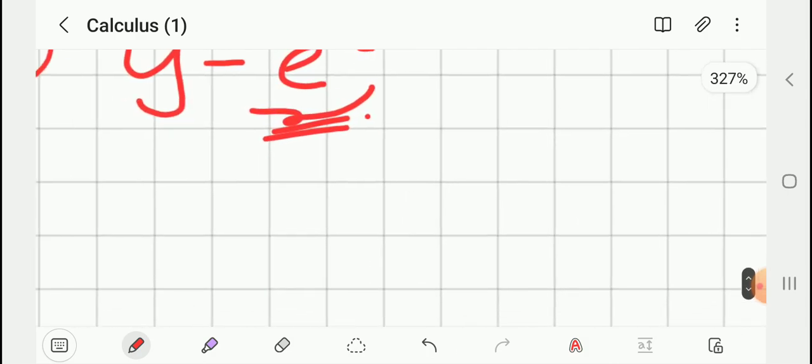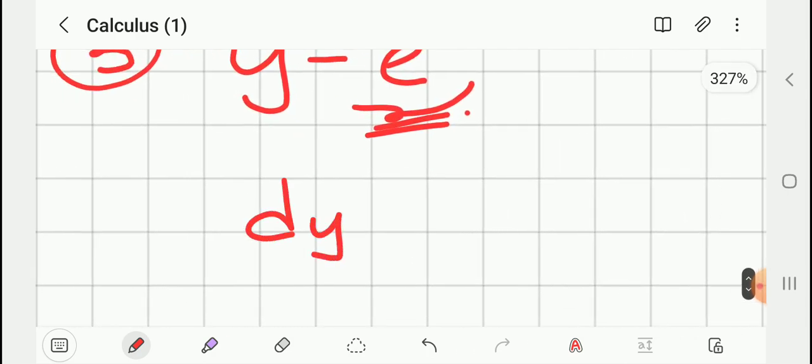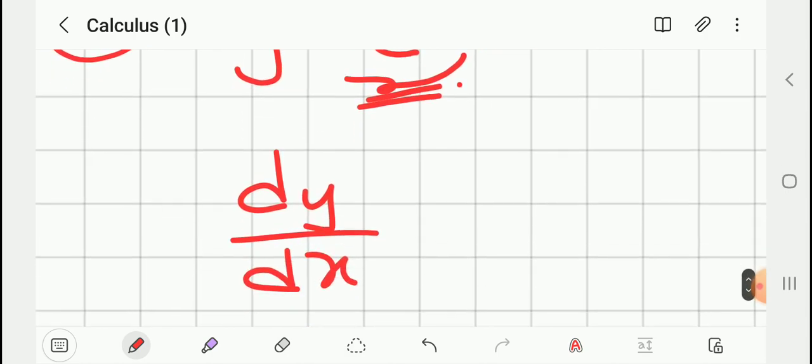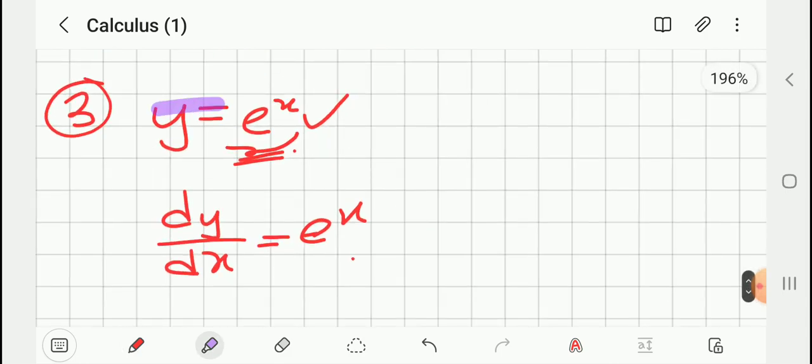Here dy by dx, where y is equal to e to the power x, is e to the power x. Means it remains the same. If we differentiate e to the power x with respect to x, it remains e to the power x only.